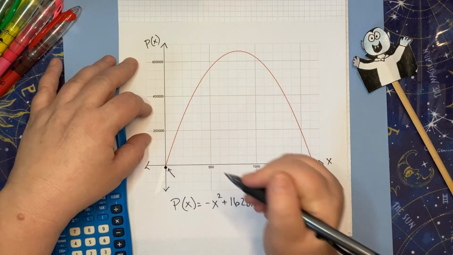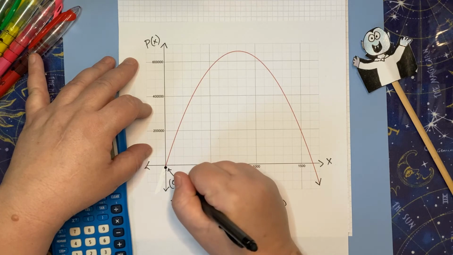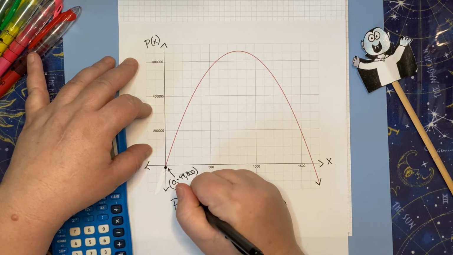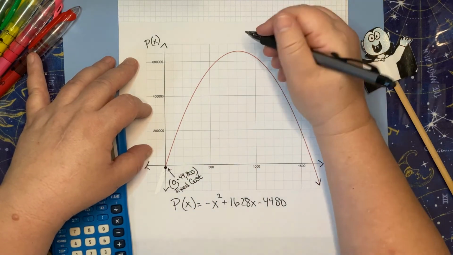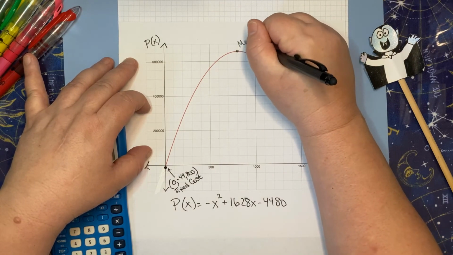Okay, so what have we got? Well, this, believe it or not, is 0, negative 44,800. That's the fixed cost. Okay, right here, this is the max profit.